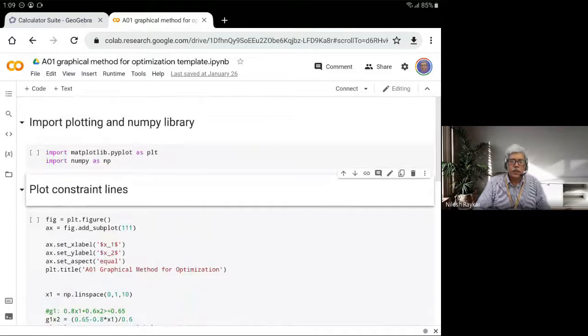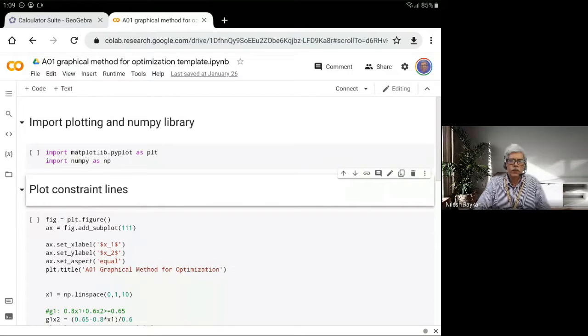The template I have given to you has all the libraries and other things loaded. In order to load that template, first you have to go to colab.research.google.com. I think it will ask you to log into your Gmail account, because it can store these files to your Google Drive.